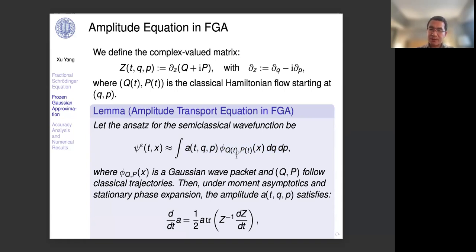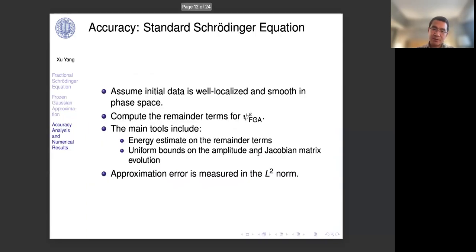Then all the terms related to A1, A2, etc. will be considered the remainder, and they will also contribute to the error of the approximation. So we keep A0 plus epsilon A1 plus epsilon squared A2, we plug in, and we consider those terms related to A1, A2 as the remainder terms. And then we need the energy estimate to bound them.